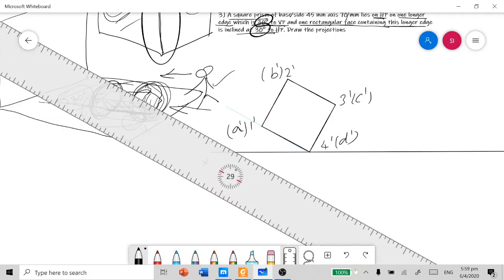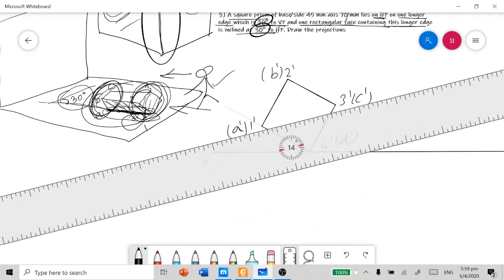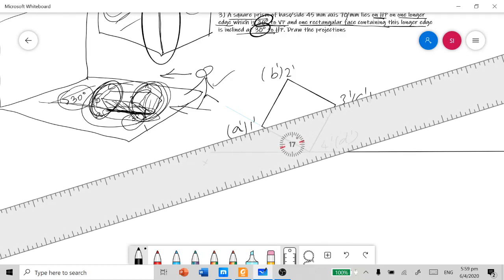Then identify the axis point of the solid by connecting the diagonals of the square.